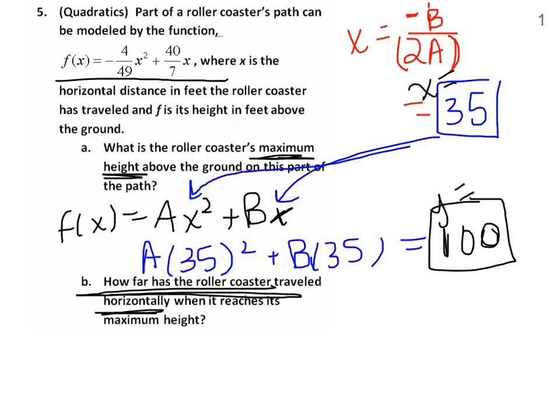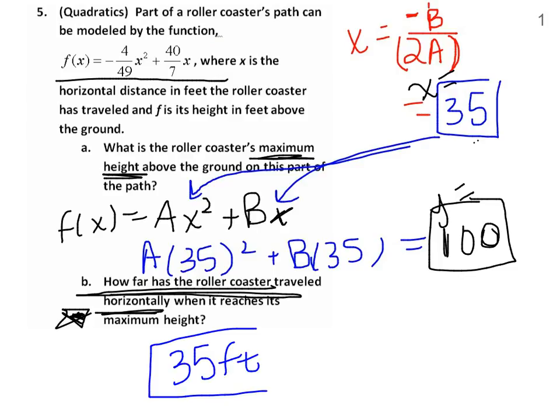It says x is the horizontal distance, so when it asks what's the horizontal distance that it's traveled, that's our x value. So we're going to say 35 feet for B. And this says, what's the roller coaster's maximum height? Because it says f is height in feet above the ground, that's our y value. So for part A, our answer is 100 feet.